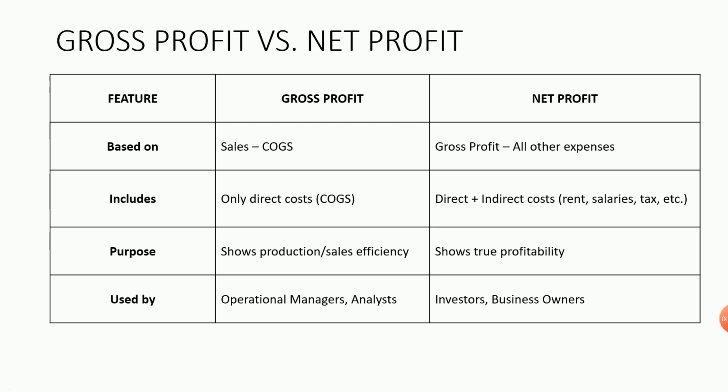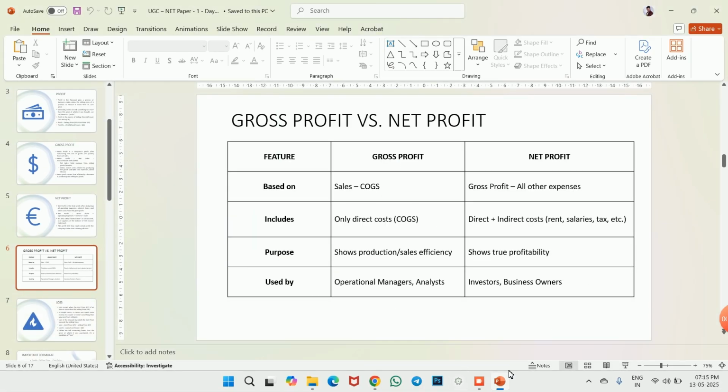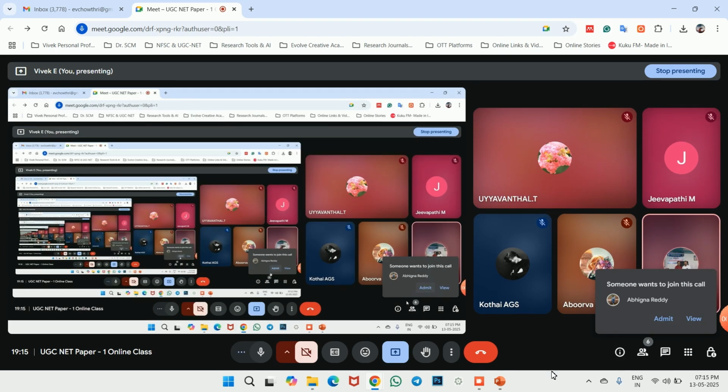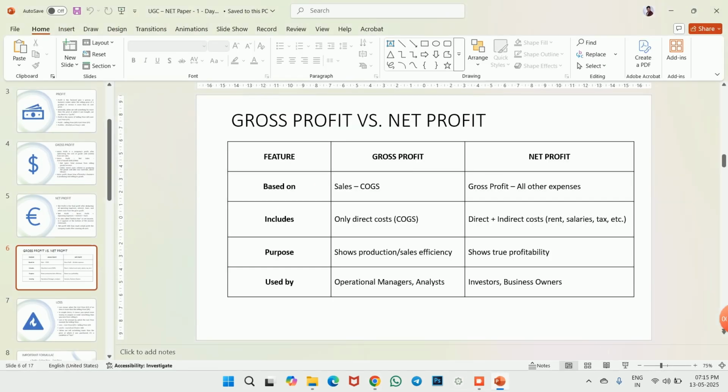Coming back to movie production, gross profit will be considered by box office strategists and the distributors. They come under this category, whereas net profit is for the producers who produce the films and the investors who finance the film. Those guys would come here.